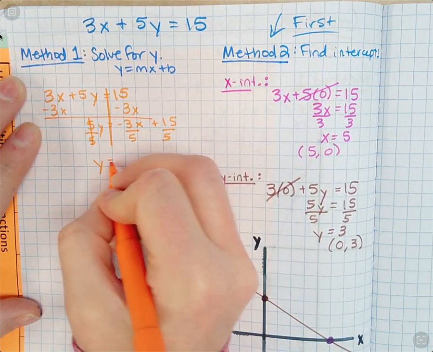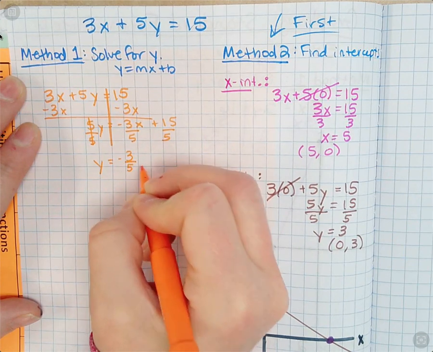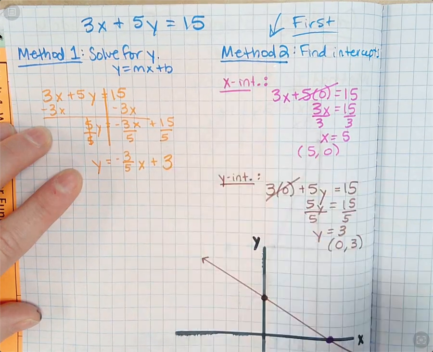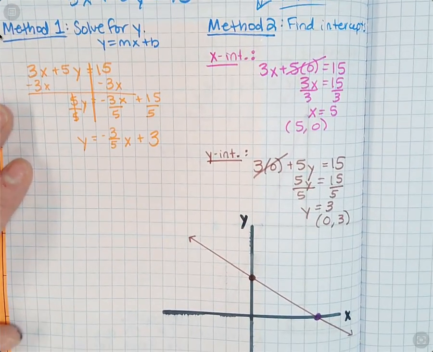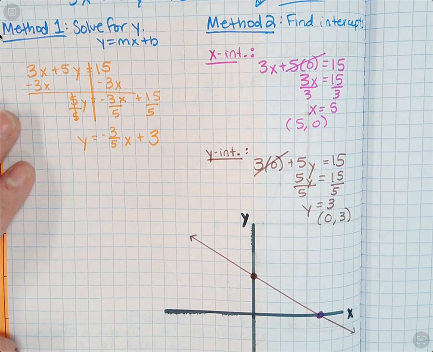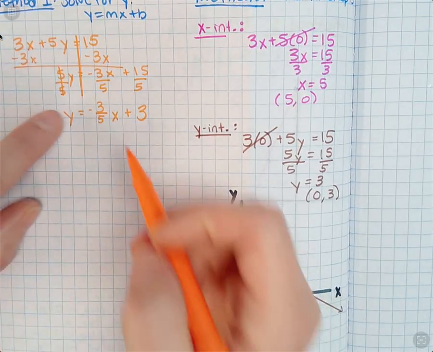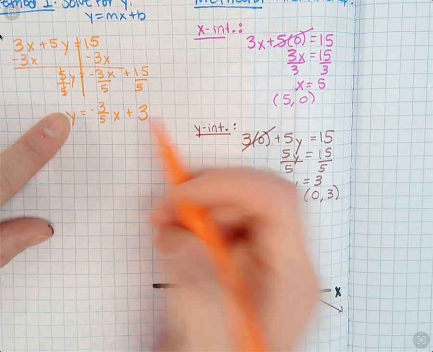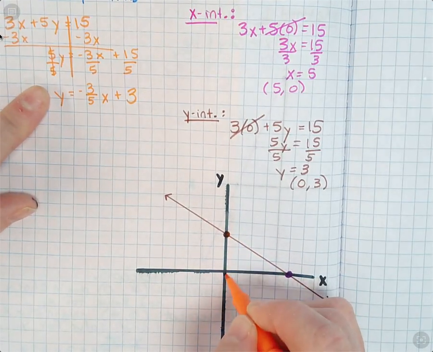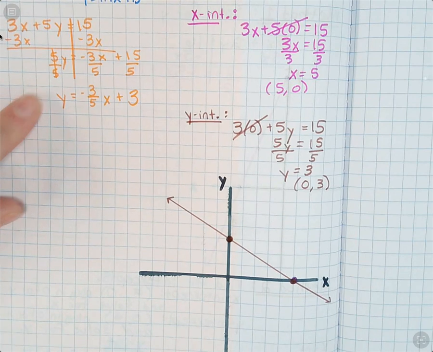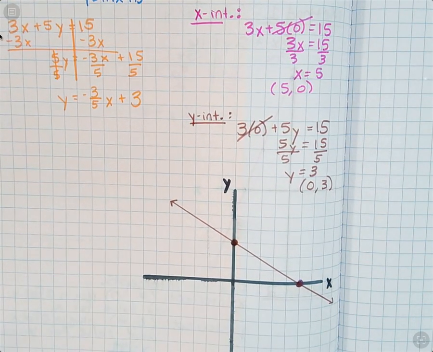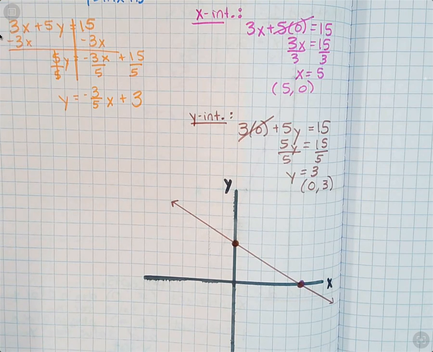So y equals negative 3 over 5x plus 15 over 5, 3. Just to make sure that we graphed it correctly, you would graph your y-intercept at 3, which is right here. Then go down 3 over 5. So it's the same graph. Take a picture of this and upload it.